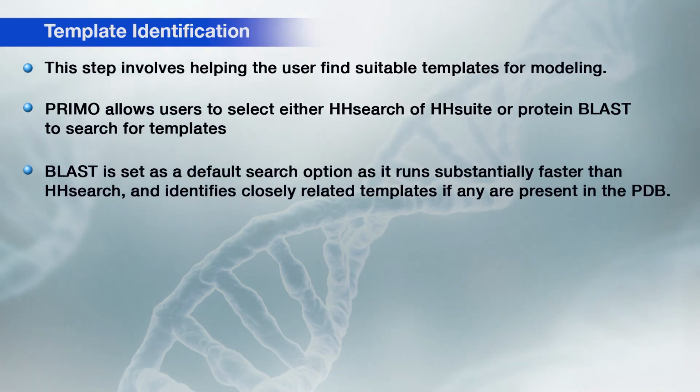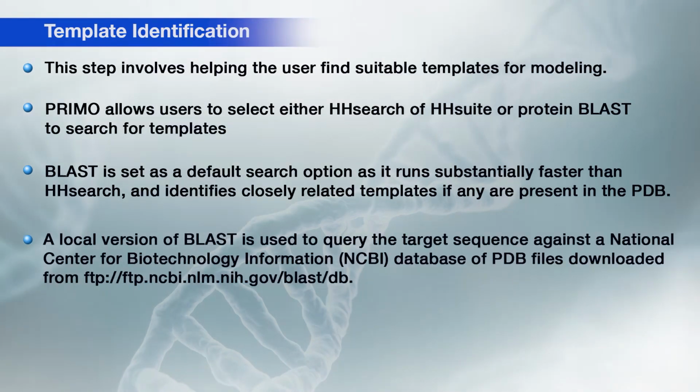BLAST is set as the default search option as it runs substantially faster than the HHsearch method and identifies closely related templates, if any are present in the PDB. A local version of BLAST is also used to query the target sequence against the National Center for Biotechnology Information, also known as NCBI, database of PDB files downloaded from the local server of NCBI, that is ftp.ncbi.nlm.nih.gov/blast/db.